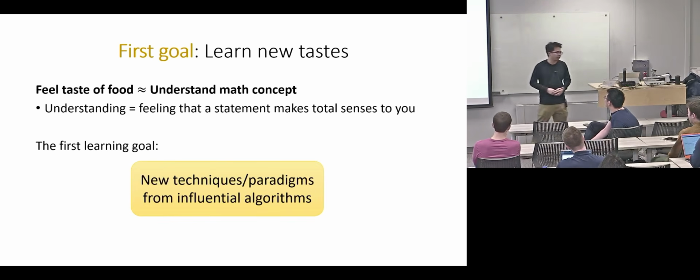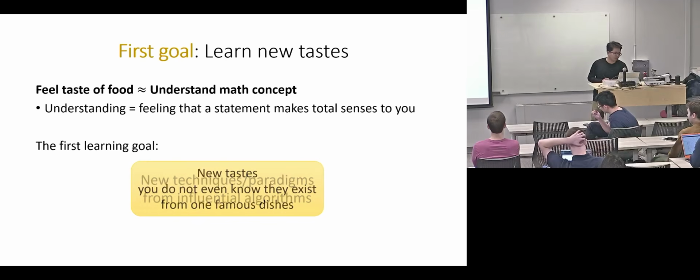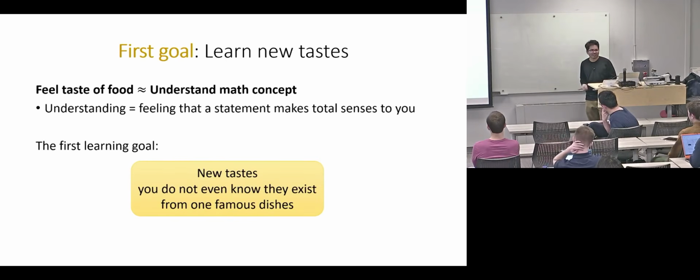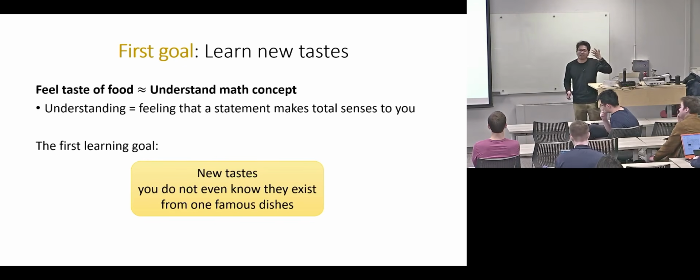Okay. So the first goal is to learn some new taste that you maybe don't even know exists, and to learn what it feels like. Maybe sometimes in the future, when people describe what they want, you can come up and remember: this is the kind of taste that you want to cook.